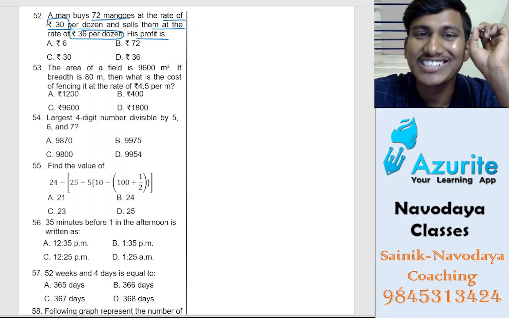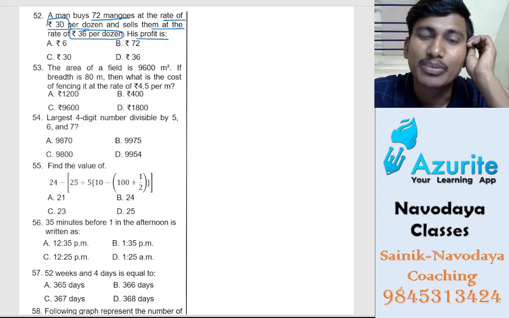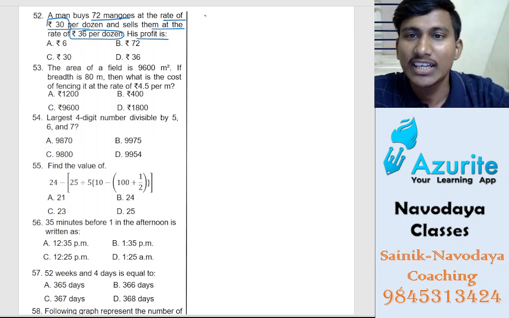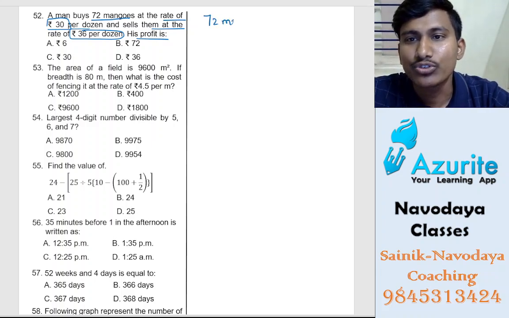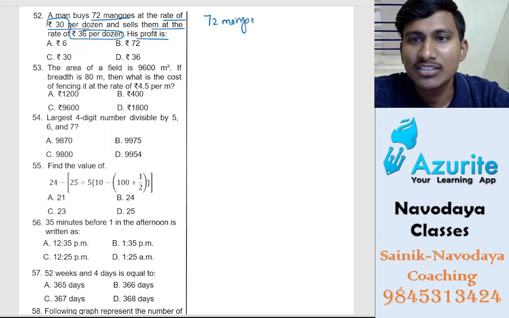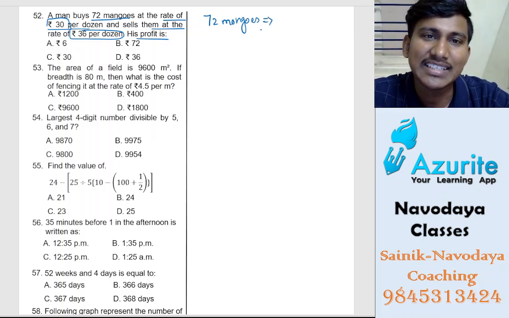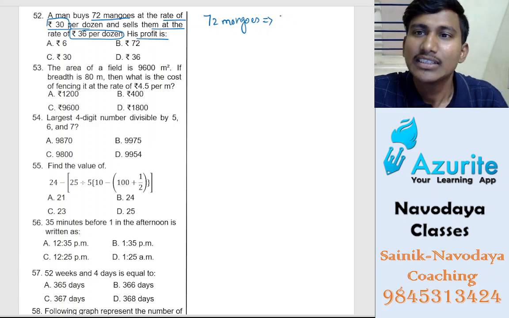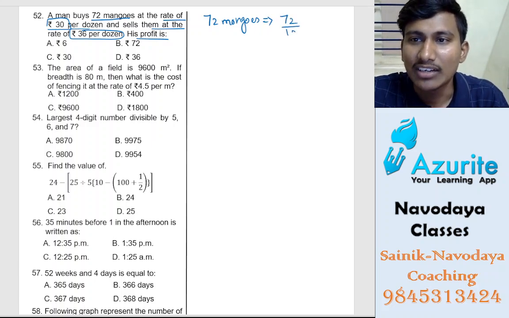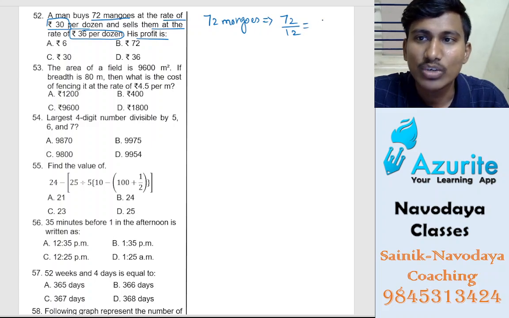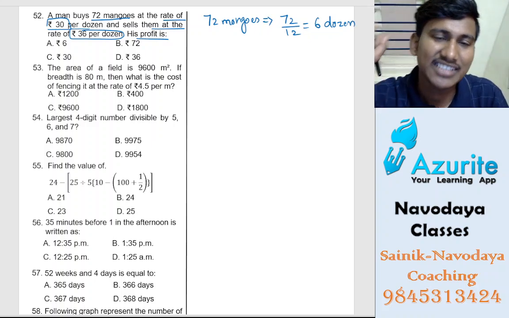We first have to see how many mangoes there are. Per dozen is given. There are 72 mangoes. So 72 mangoes means how many dozens? That is 72 divided by 12. 12 6s are 72. It is 6 dozen.